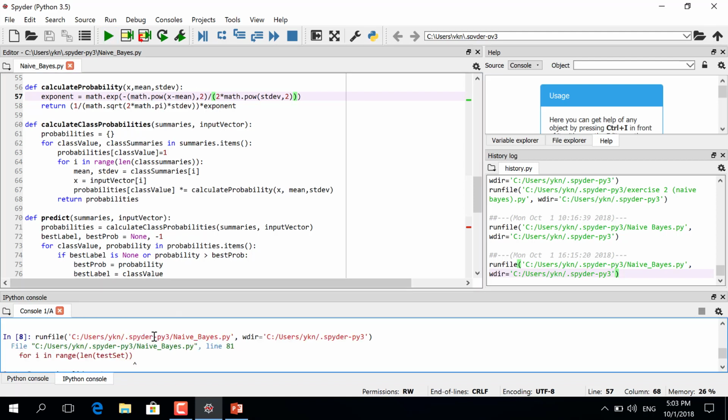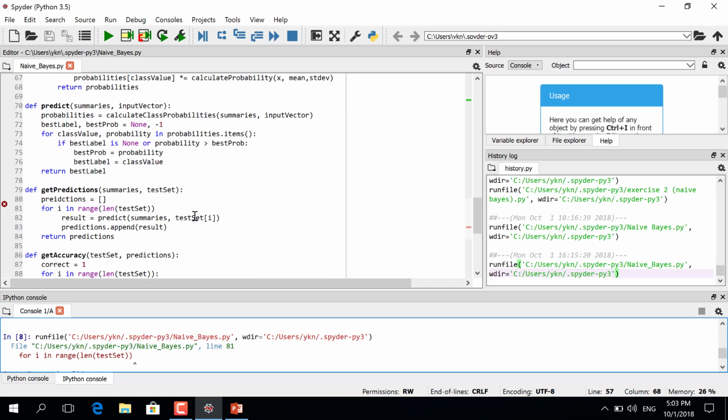Okay, now we have another error, line 81. We should get prediction for i in range length of the test set.